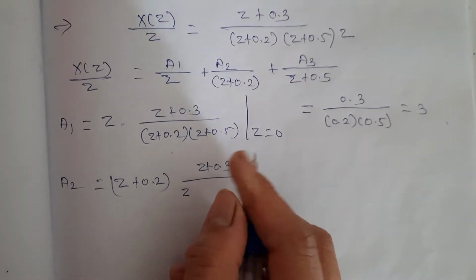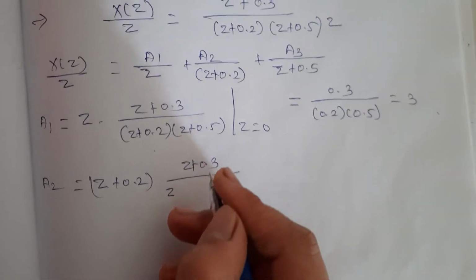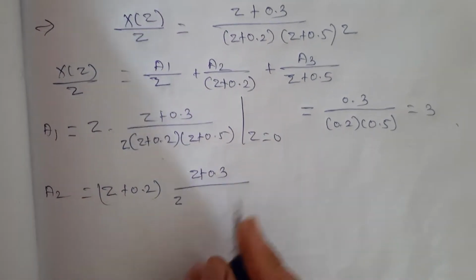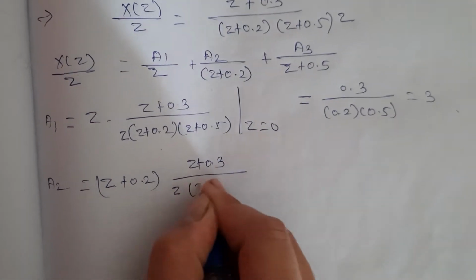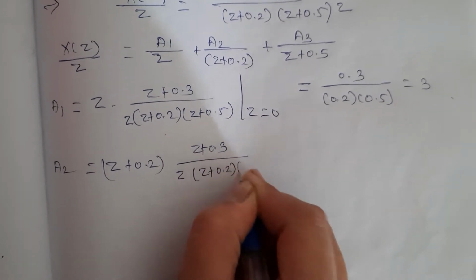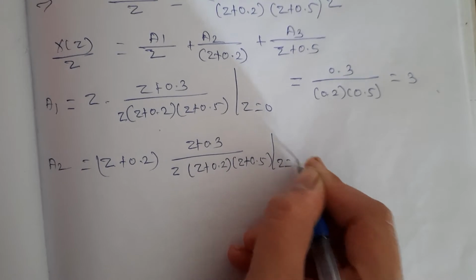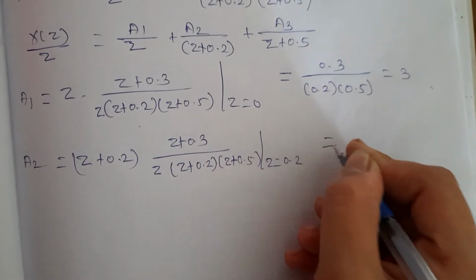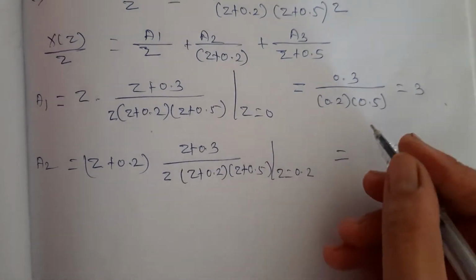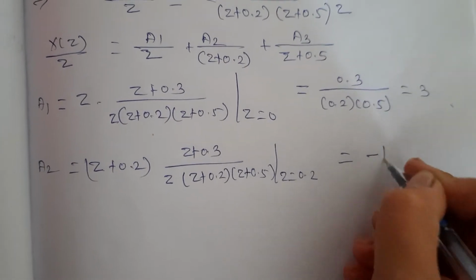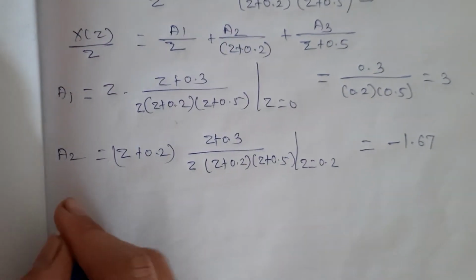Now A2: we have to find the values of A1, A2 and A3. So it is at z equal to minus 0.2. We substitute z equal to minus 0.2 and the answer is minus 1.67.